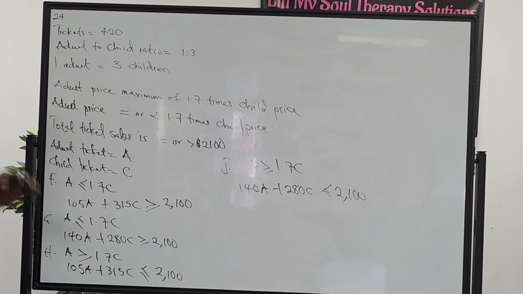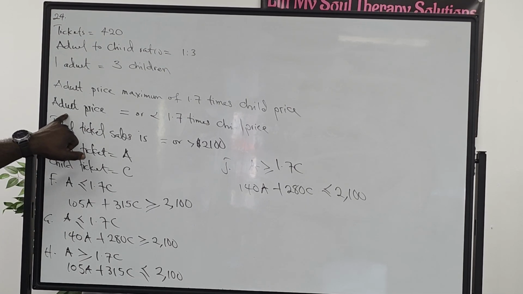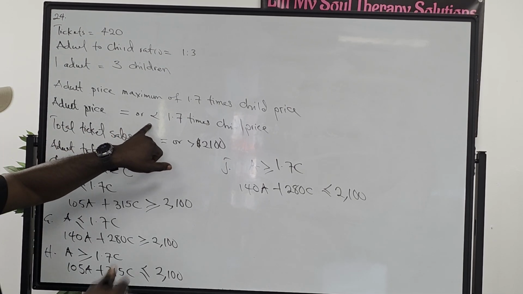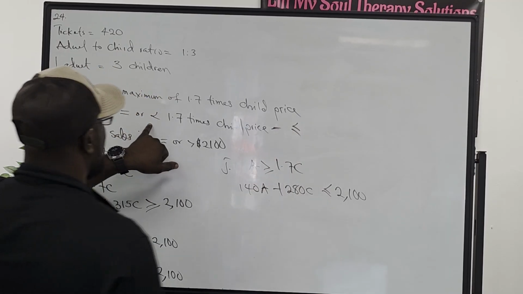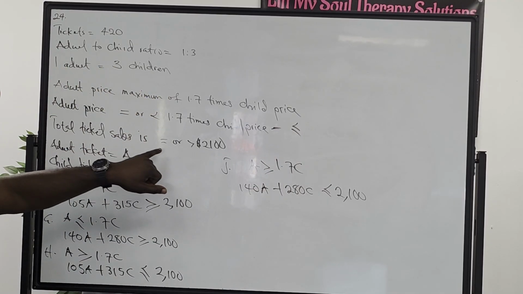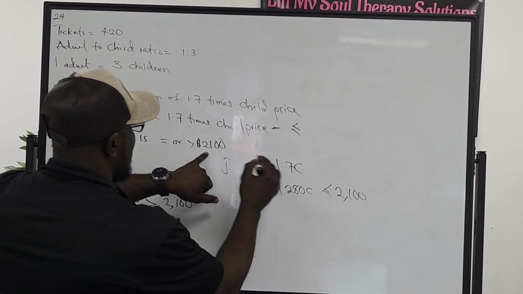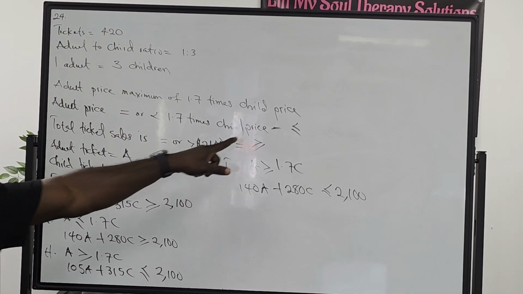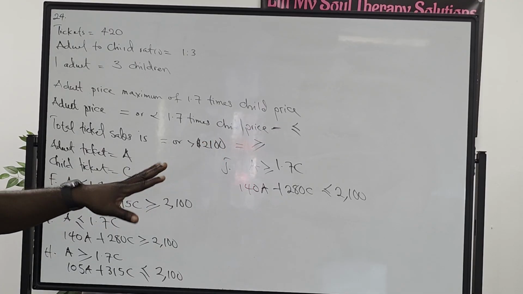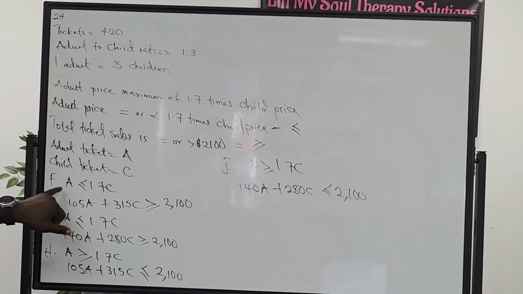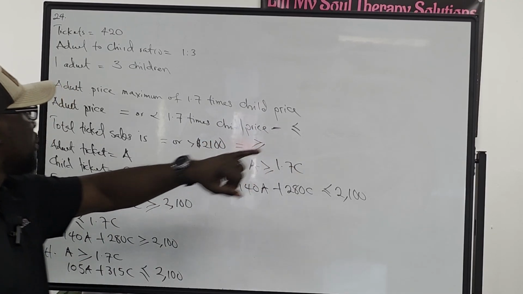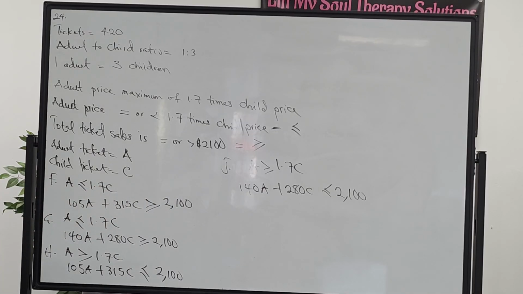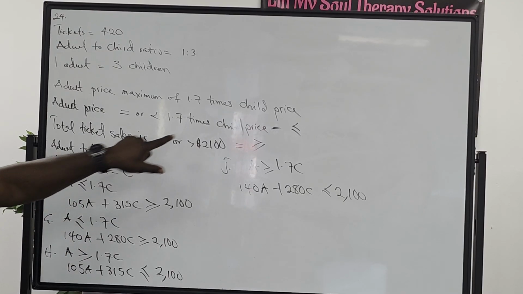All right. So first of all, we know that adult price has to be equal to or less than, which is the same thing as this right here. And ticket sale is equal to or greater than 2,100, which means this is the same thing as this right here, right? So anyone that does not match this automatically is a fail. This first one matches this right here, so we can keep that. G, this part actually matches what we have.